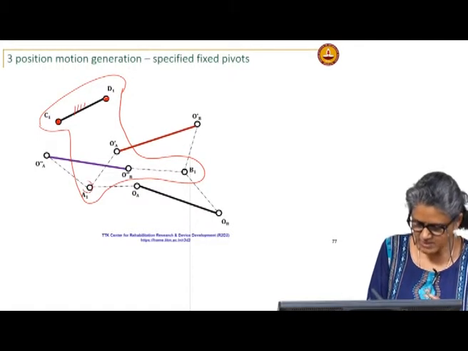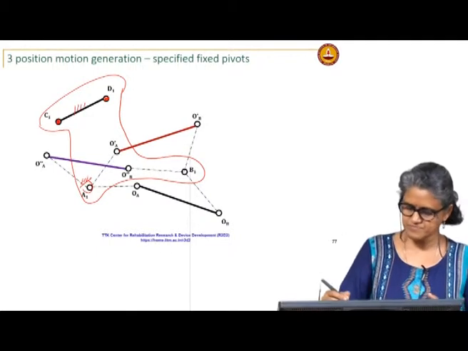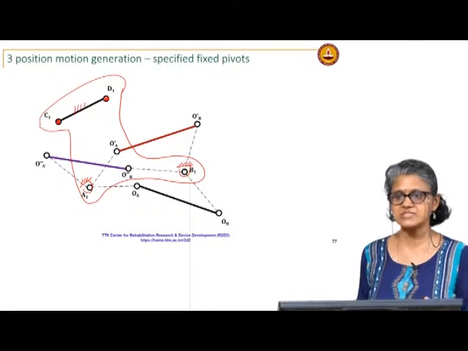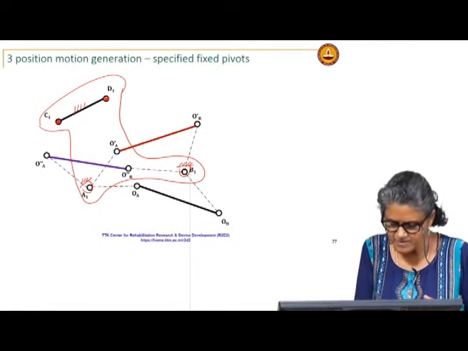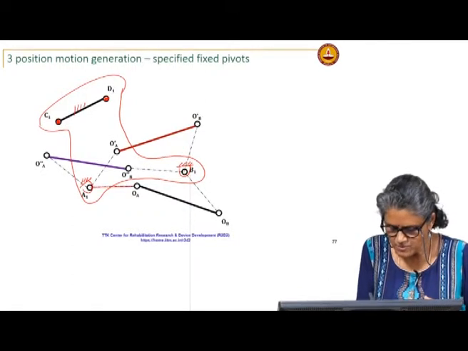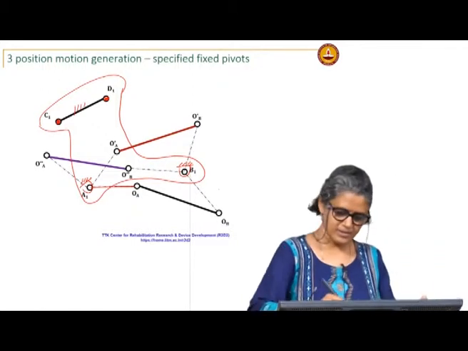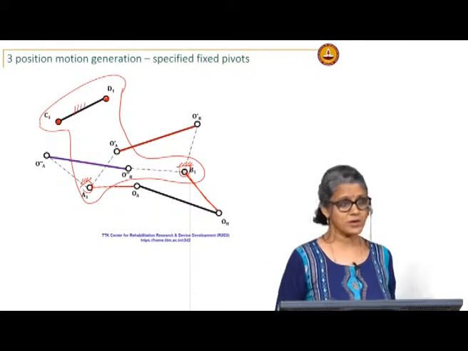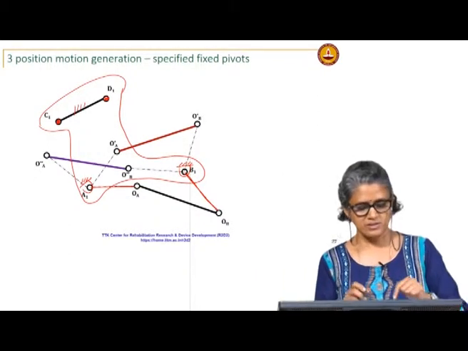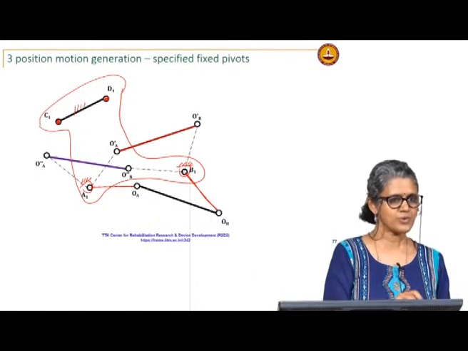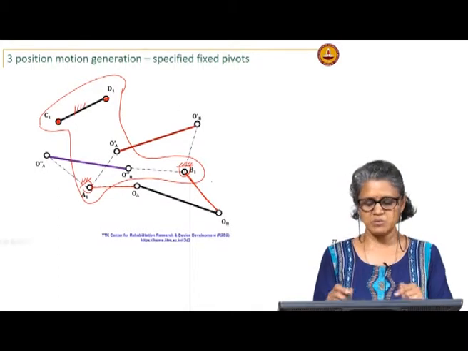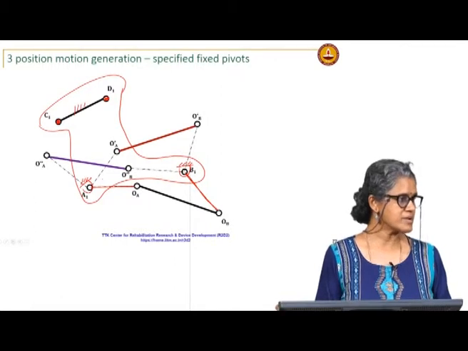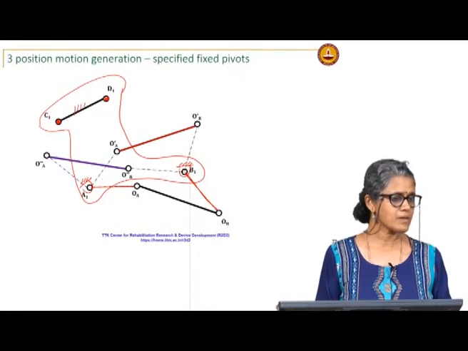These would be the pivots on the fixed link, and if I connect A1 to OA and B1 to OB, okay, then it moves, OA moves to OA dash to OA double dash, similarly OB moves to OB dash and then OB double dash. Okay.